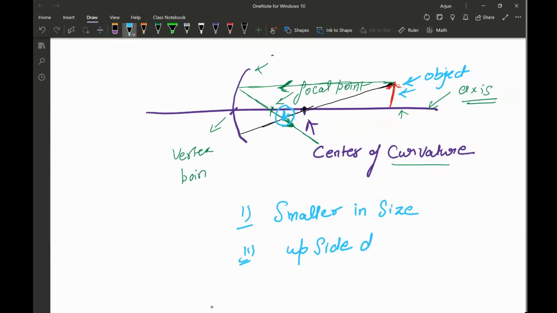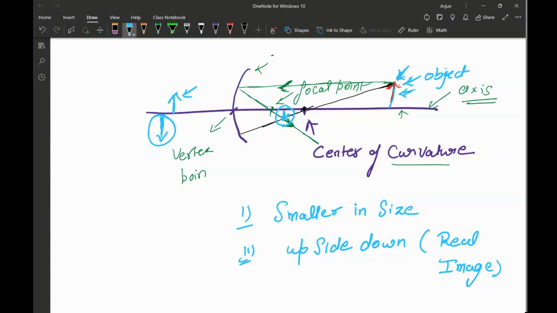Upside down images are also called real images. If the image would have been formed on this side upright, then that image would have been called a virtual image. Whenever the image is formed on the downside or in the opposite direction to where the object is, then that's called a real image.